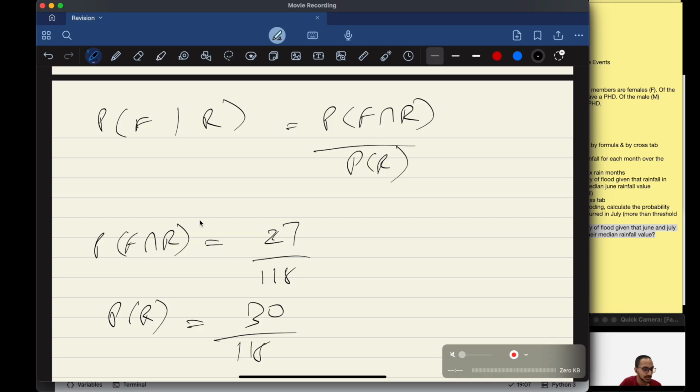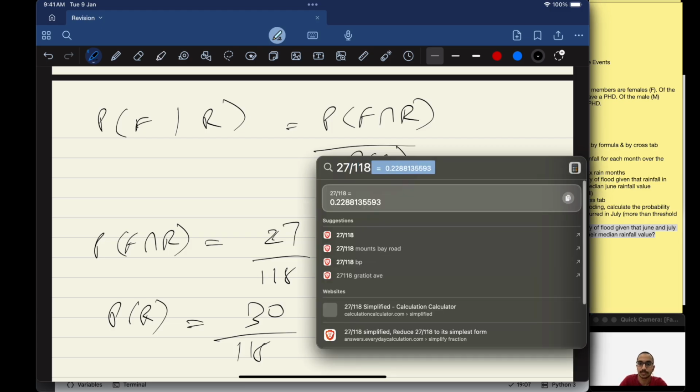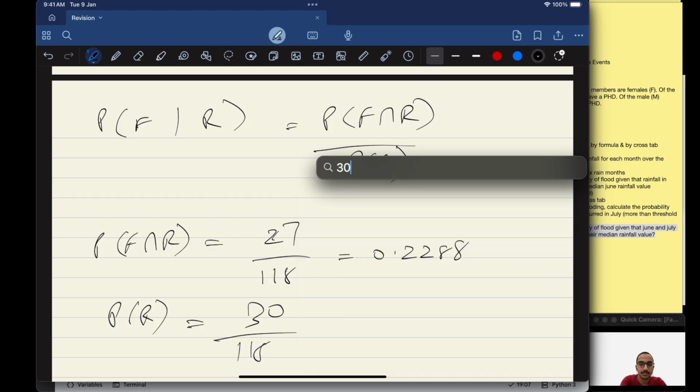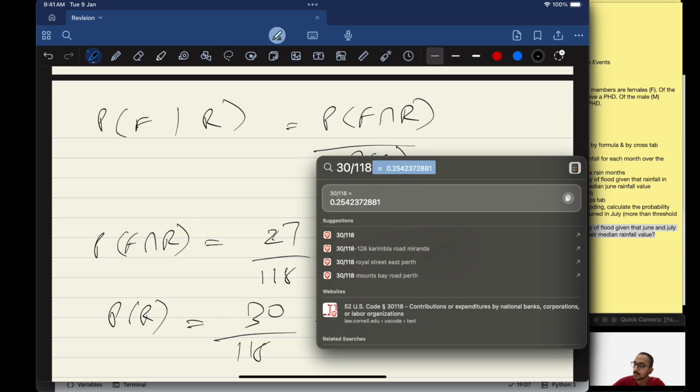Let's compute the values. 27 over 118, which is 0.2288, and 30 over 118, which is 0.254.